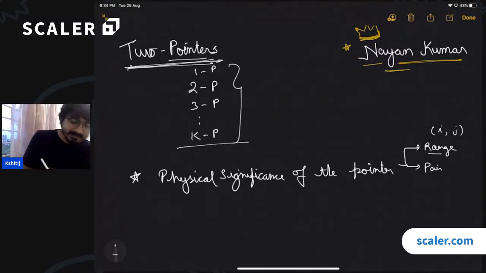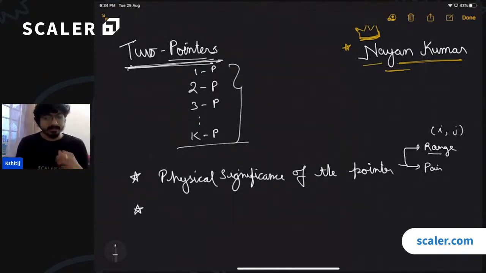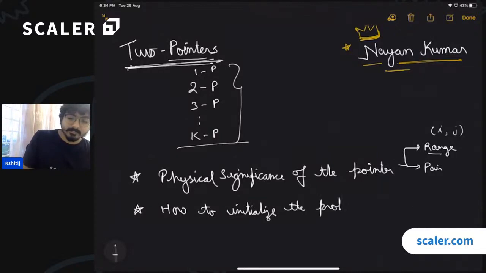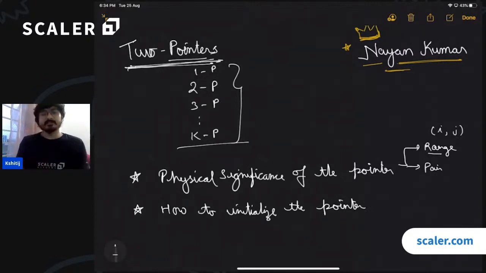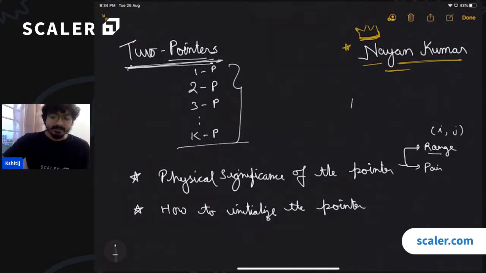The second thing that you have to always keep in focus is how to initialize the pointers. Now, this will change from problem to problem. Whenever you are using this approach, you will start the pointers from some point. So what should be the starting point of each pointer? In some cases, you would want to keep one pointer at the start of the array, the other at the end.